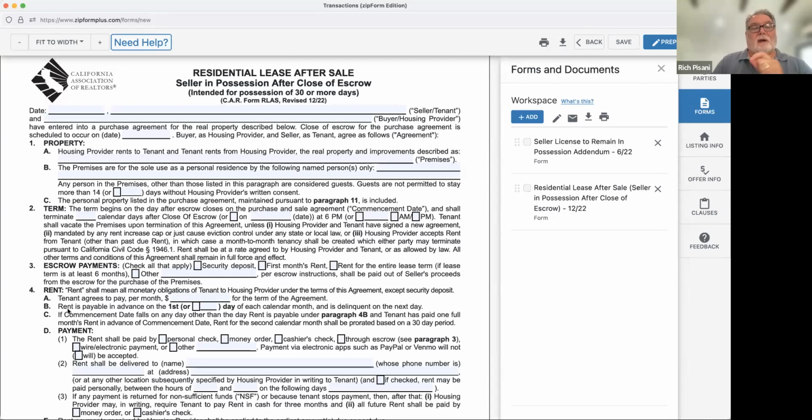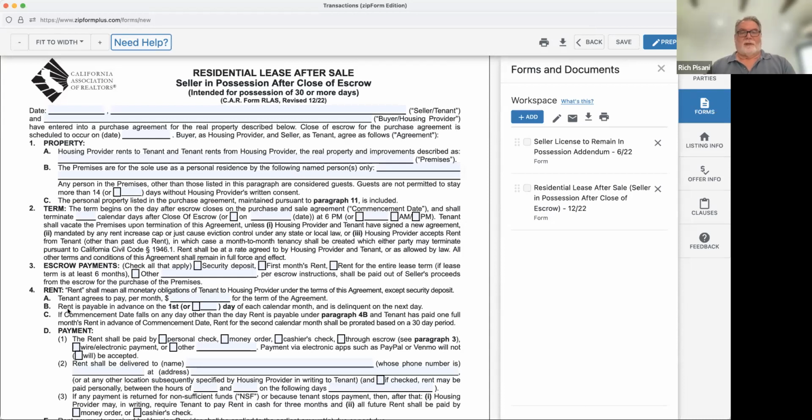So escrow payments, everything's going through escrow. So a security deposit, a first month's rent, or rent for the entire lease term, if lease term is at least 6 months, or other.